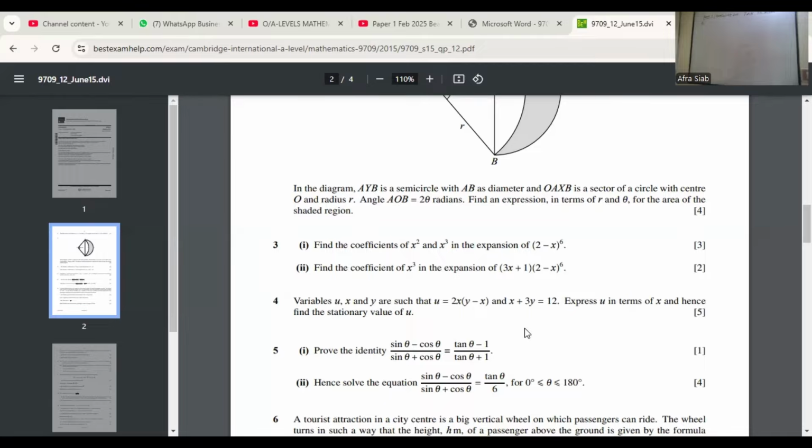Express u in terms of x, and hence find the stationary value of u.